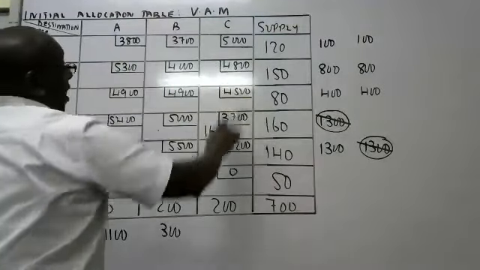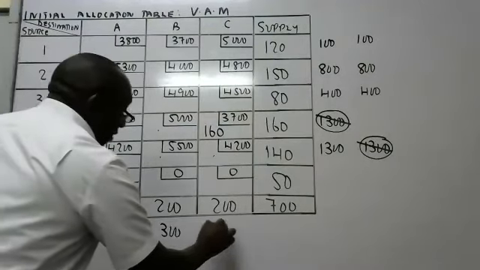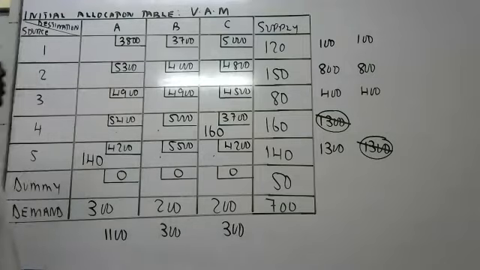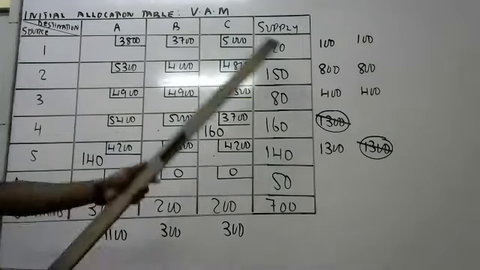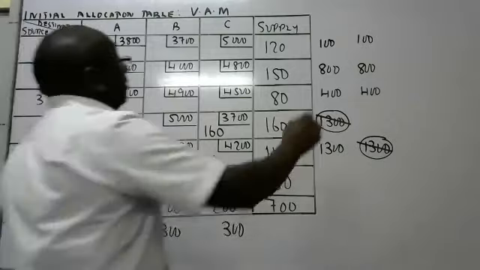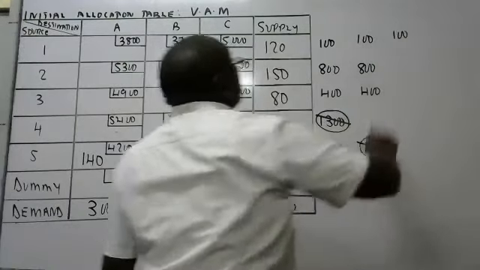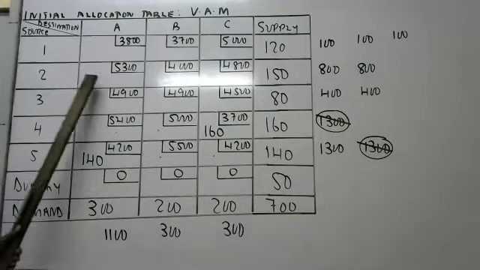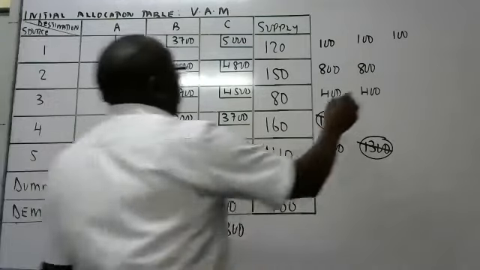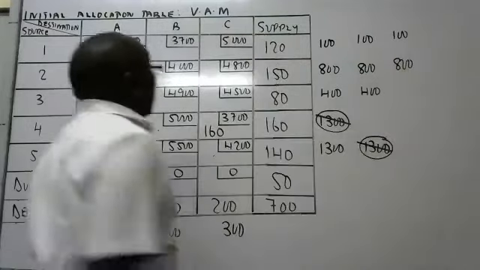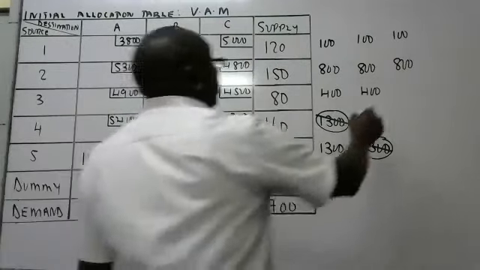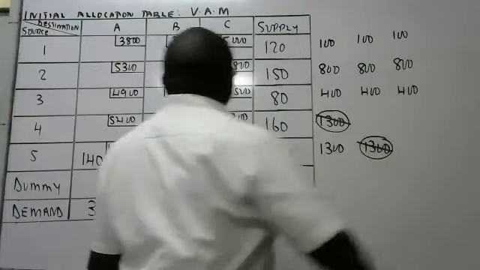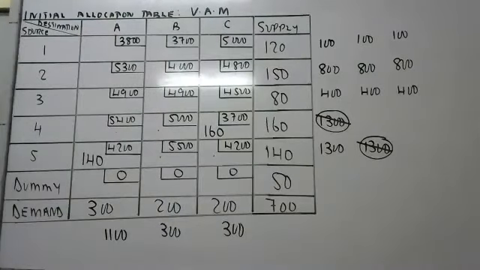And then here I have 48 and 45, so 300 again. Then 1, I still have 100. This one is still 800. And then this one is 400. So in the whole round, the highest is 1,100. So we pick this one.